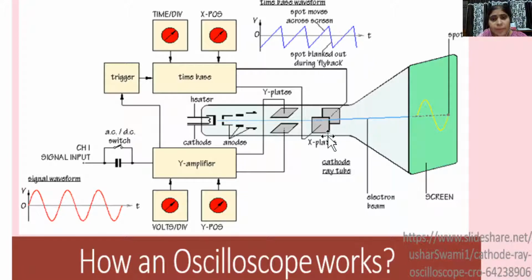This takes some time to reach there, but before this the vertical deflection plates get the input signal, so the electron beam starts deflecting in the vertical direction before the horizontal direction. So it is required to synchronize the vertical deflection plate and horizontal deflection plate signals.